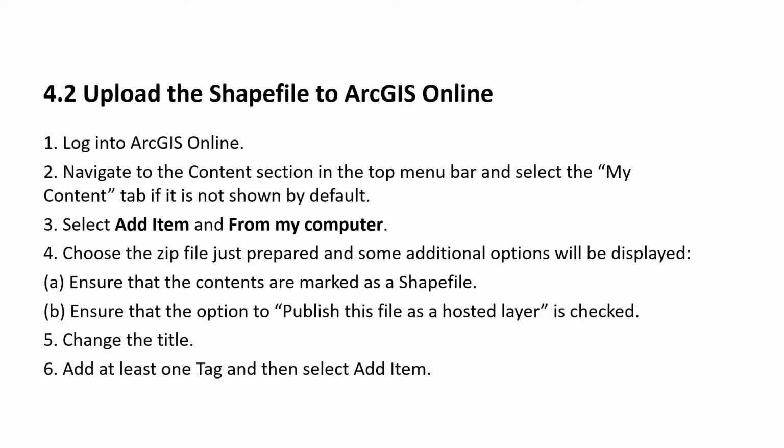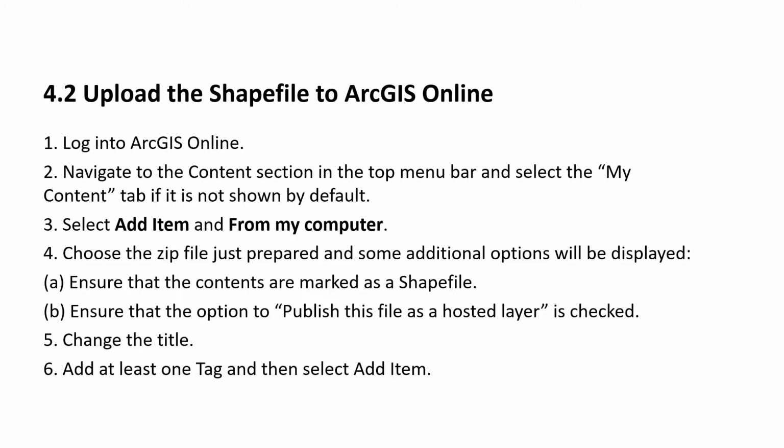Then you can upload the shapefile to ArcGIS Online. First, you have to log into your ArcGIS Online account. Then navigate to the Content section in the top menu bar and select the My Content tab. Then select Add Item, and from My Computer, select your file. Choose the zip file just prepared, and some additional options will be displayed.